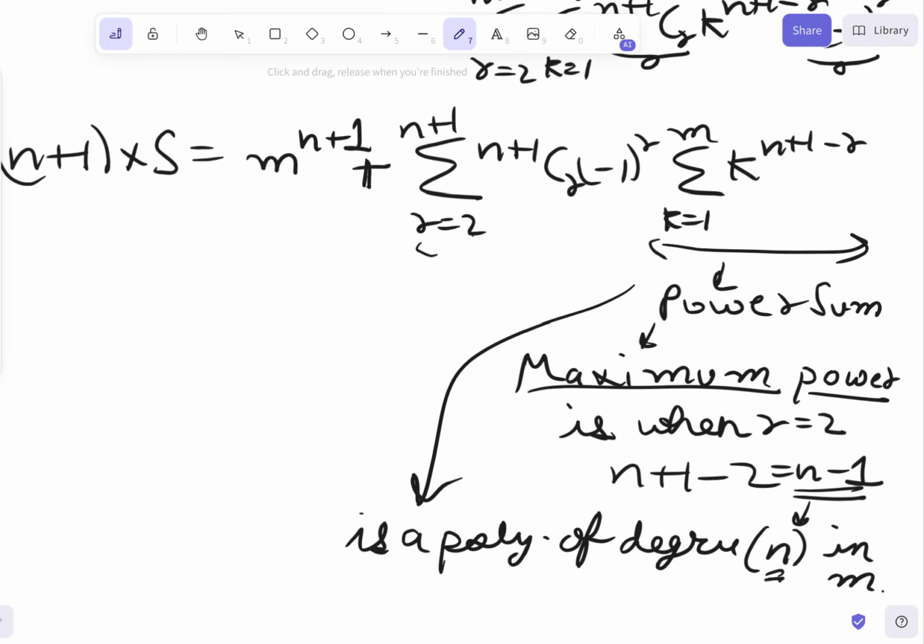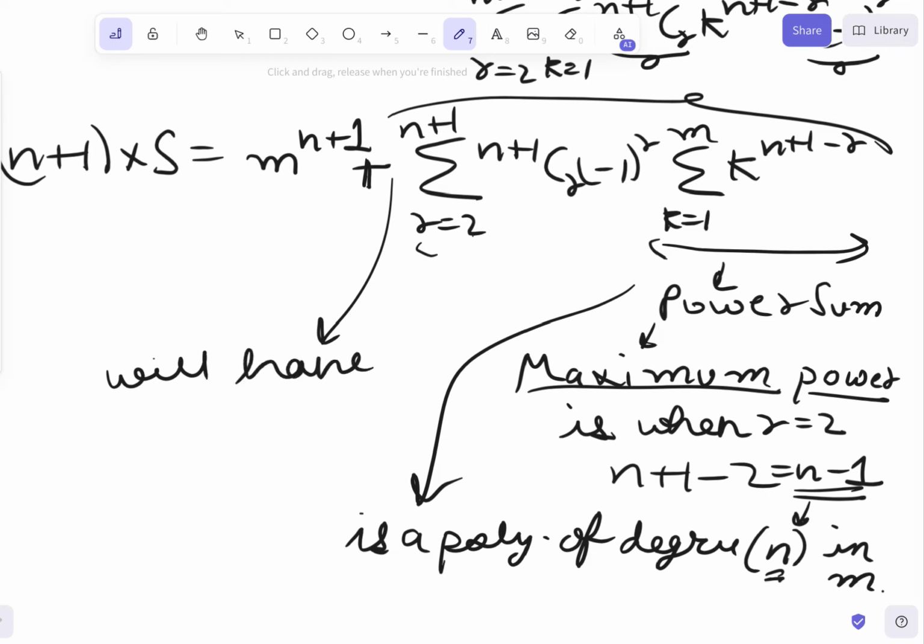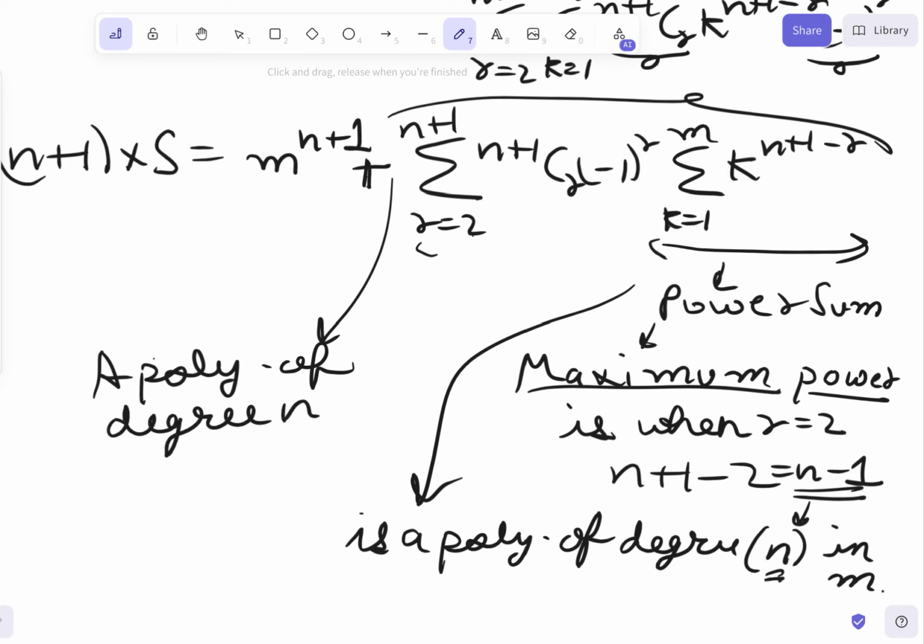So this whole term will have degree n, or let me write it in better words. Whole of this will be a polynomial of degree n, and this term has degree n plus 1 in m.